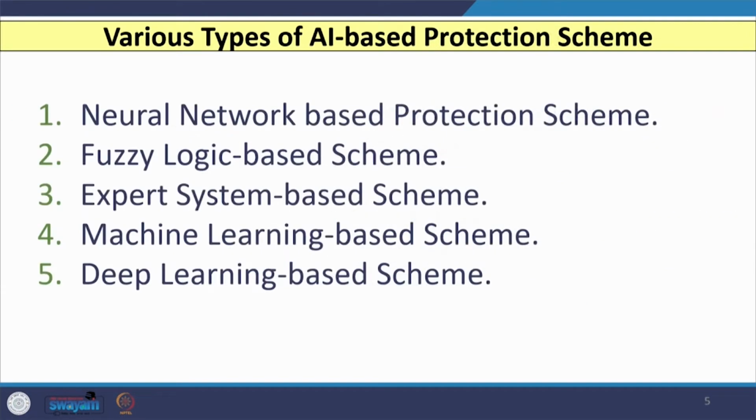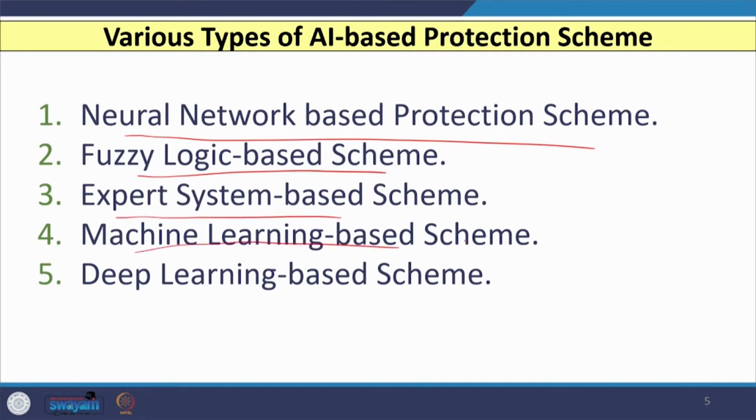Now, let us see what the various types of AI based protection schemes are. There are mainly 5 types of AI based protection schemes. The first is the neural network based scheme, second is the fuzzy logic based scheme, third is the expert system based scheme, fourth is machine learning, and fifth is the deep learning based scheme.